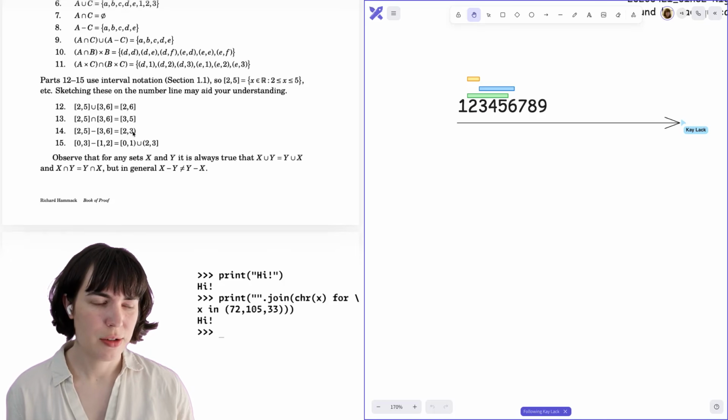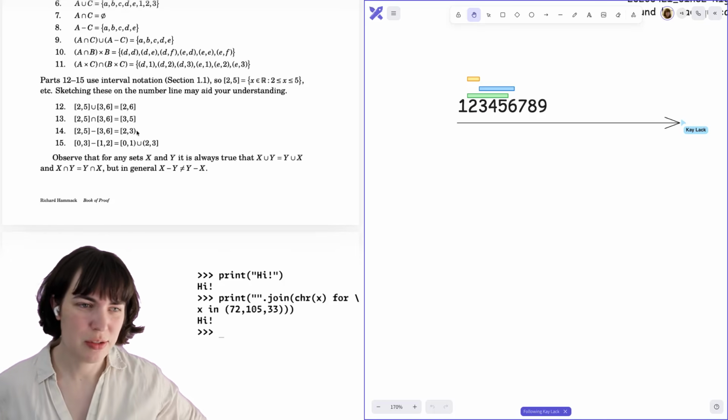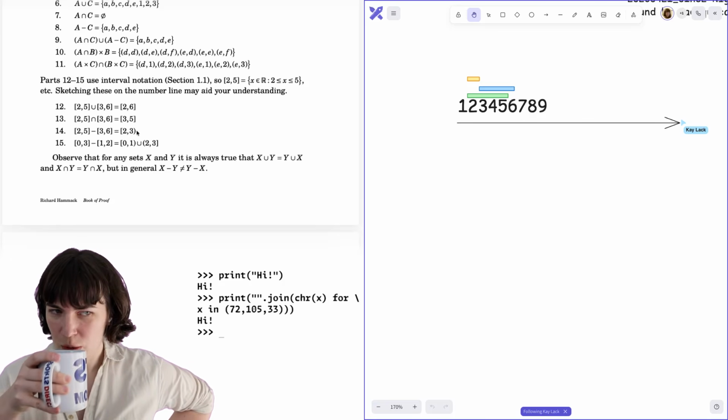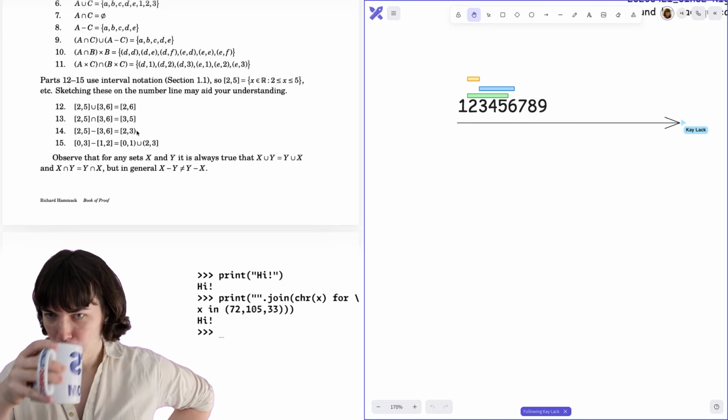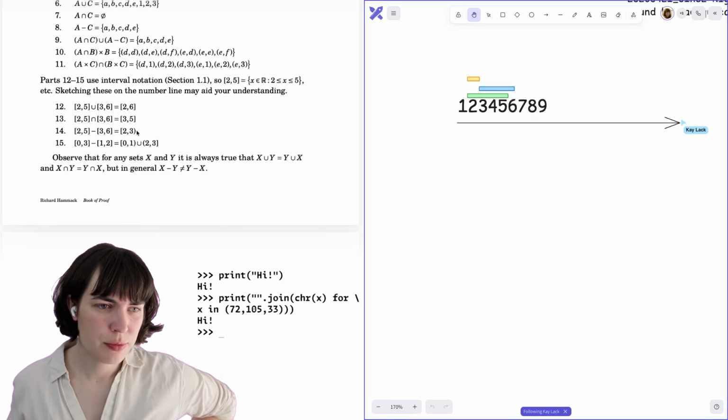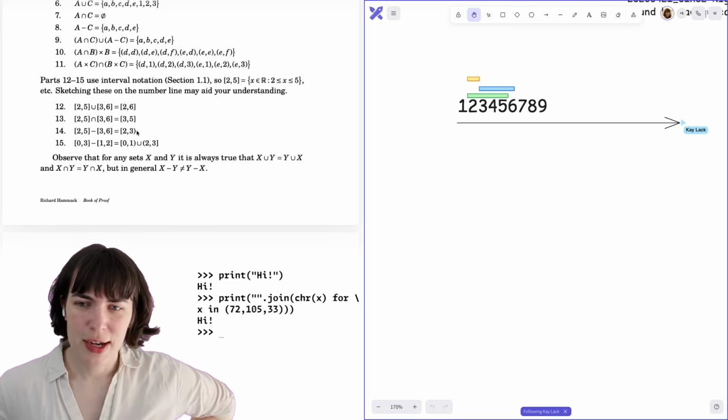But we've got an open interval, which means it includes 3, but only just. Now, why is that?